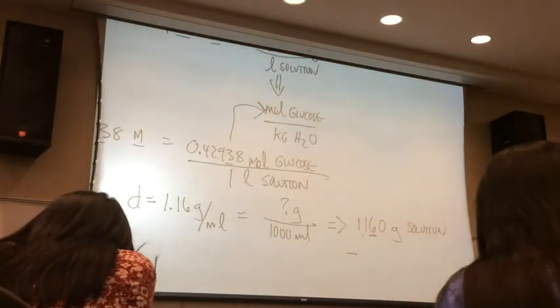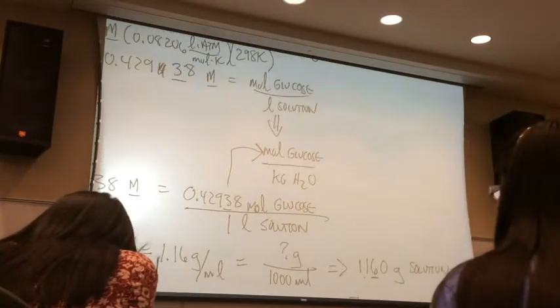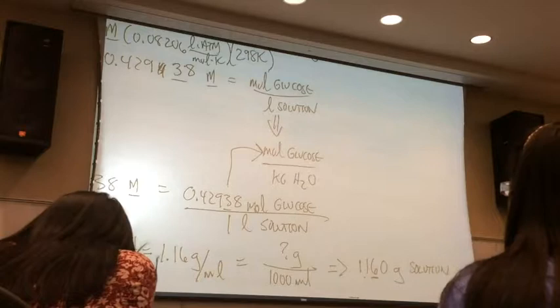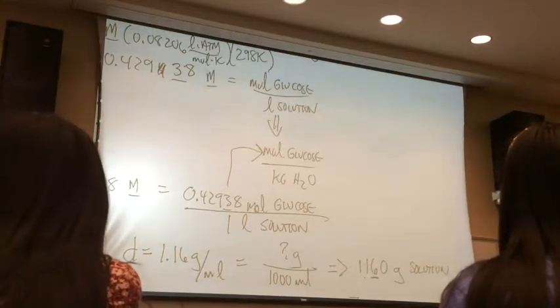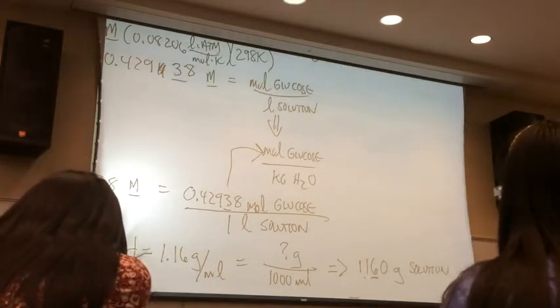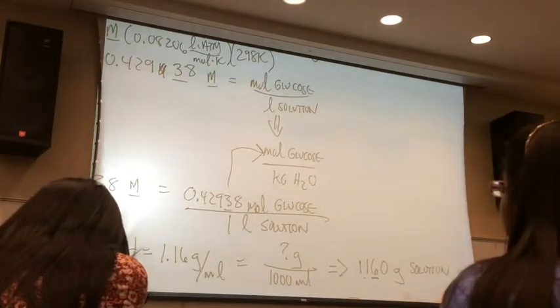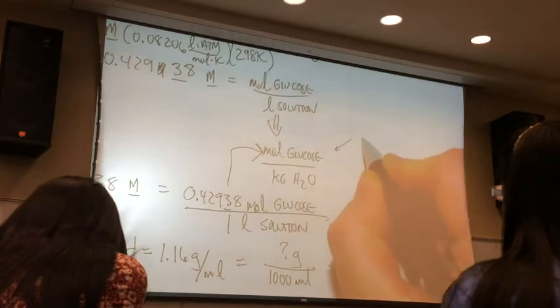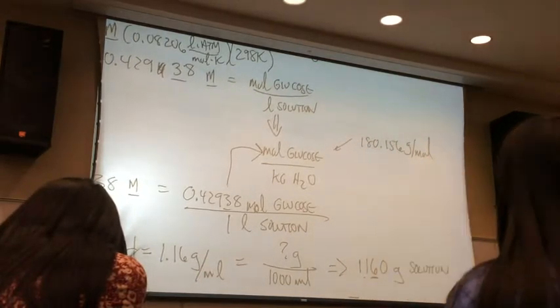So 6 times 12.01 equals, plus 12 times 1.008 equals, then plus 6 times 16 equals. So glucose is 180.156 grams per mole, right?